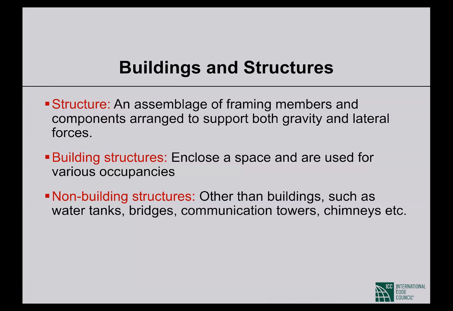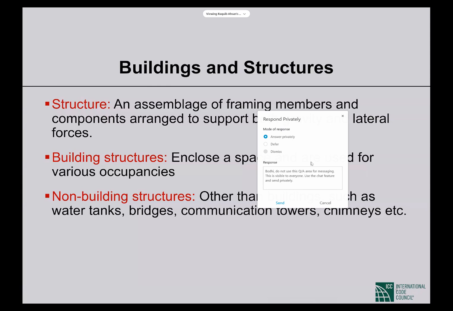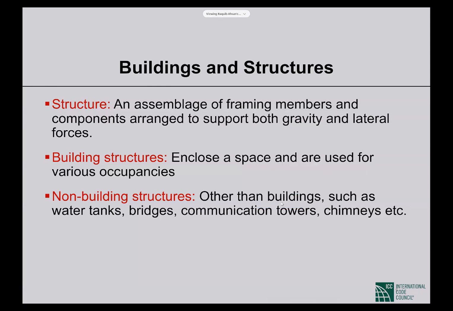Basically, that part of a building, or non-building structure, that carries the load. That is the structure. Building structures enclose a space and are used for various occupancies. When we have different types of occupancies, people may reside, people may use them for different purposes.